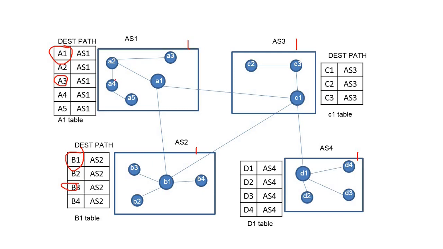So what is happening? First A3 will go up to A1, because A1 is the main node of a particular network. So everyone can go outside through A1.